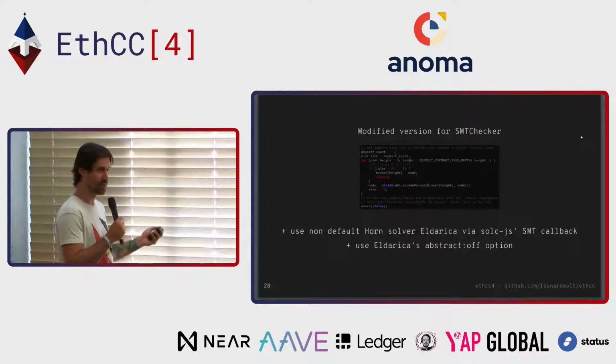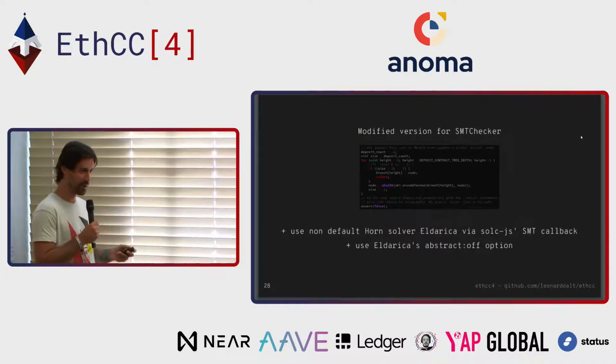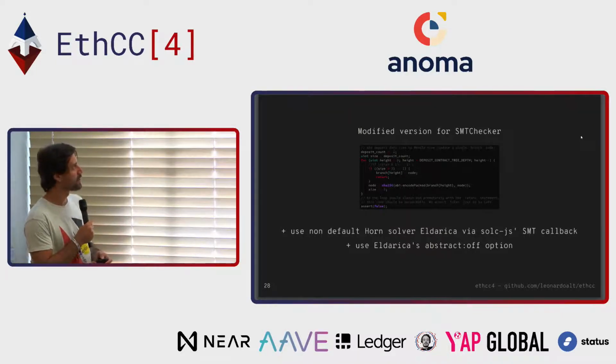But you need to know that a second horn solver exists, that the tool can use it via Solidity.js, the JavaScript wrapper for the Solidity compiler, and that this abstraction option, when turned off, actually proves the deposit contract. So it took a little bit of work, but it worked.